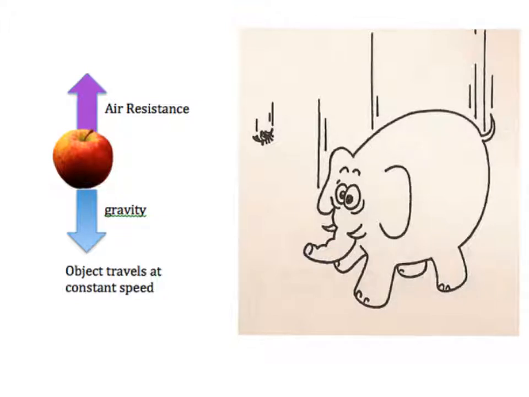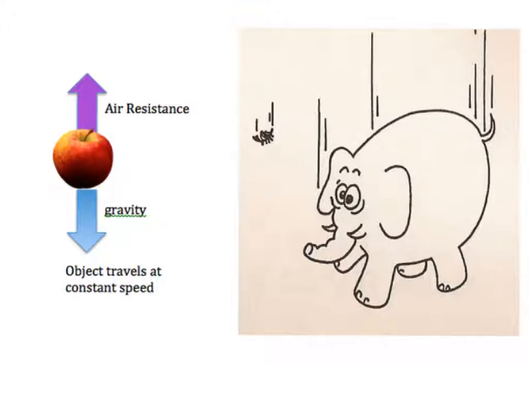It acts in the direction opposite to the object's motion. So if an object is simply in free fall down, the air resistance acts in opposition to that motion. The amount of air resistance definitely depends on the size, the shape, and the speed of the object.